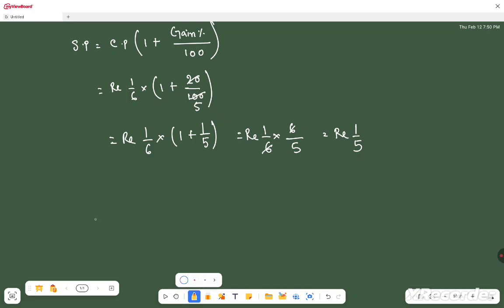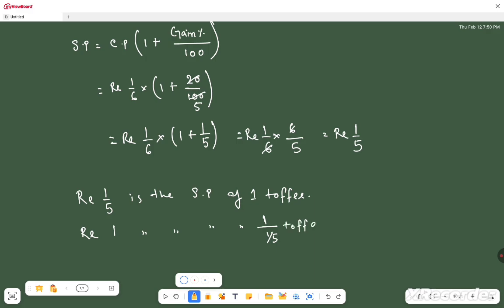So rupee 1 by 5 is the selling price of 1 toffee. Now rupee 1 is the selling price of 5 toffees.